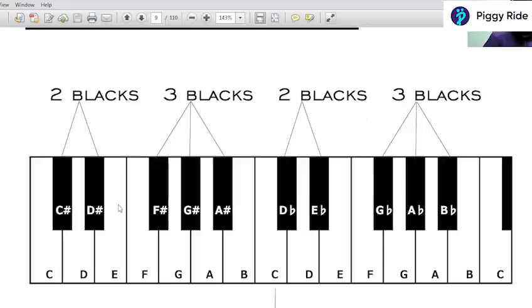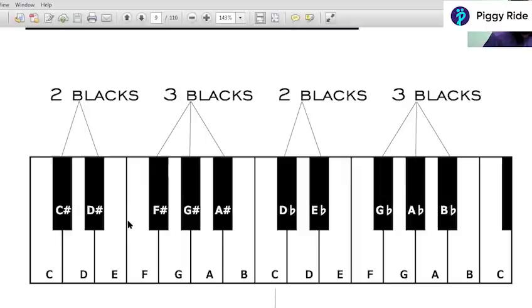But when you see the black keys, they are formed in groups, a group of 2 black and a group of 3 black, and this concept follows across the whole keyboard.